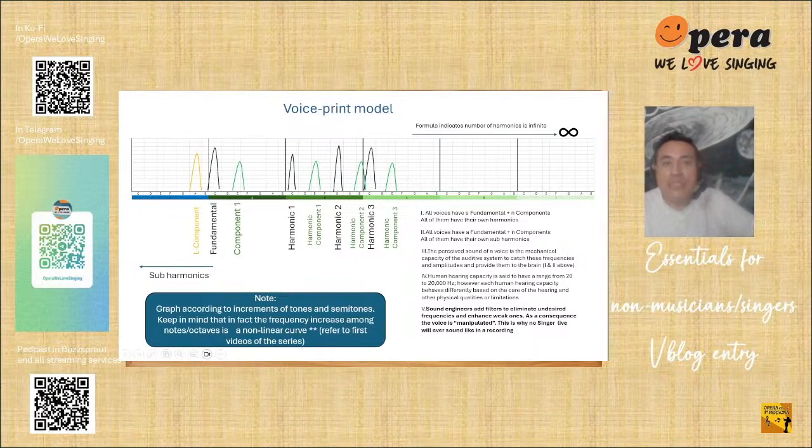These three seem to be closer together than the fundamental. But remember that the frequency changes because it is based on a formula related to mathematical calculations. If you don't remember that wave, please go back to the first videos and you will see it. I put it on the screen for a couple of seconds because I mapped it using Excel so that you could see that it is in fact a curve instead of a linear increment.